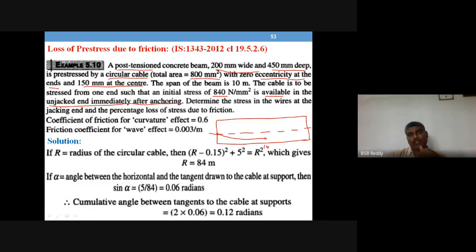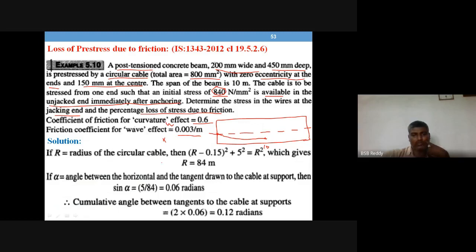If it is the unjacked end, it is the value after losses, I mean the Px value. Determine the stress in the wires at the jacking end and the percentage loss. You have the coefficient of friction given as 0.6, and for wave effect it is 0.003. That is the K value, and that is the mu value. This is how we read the values.